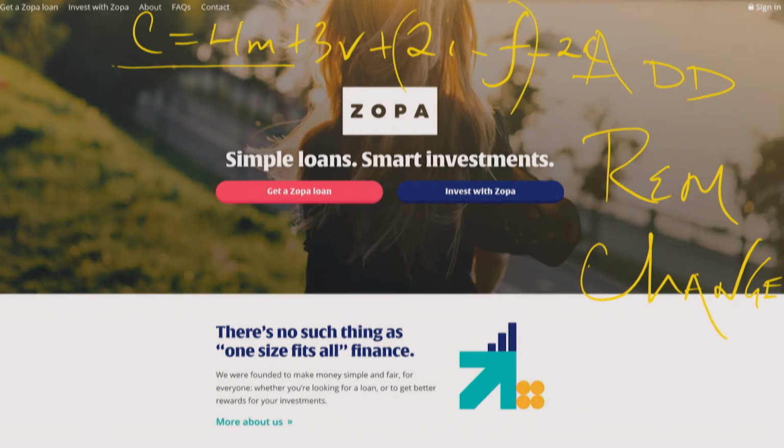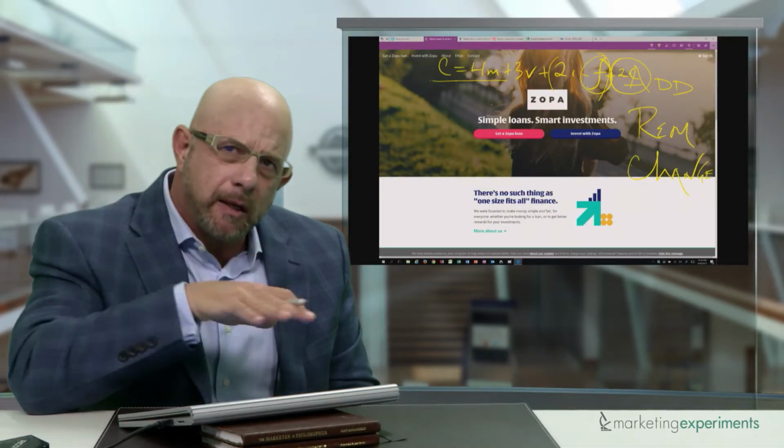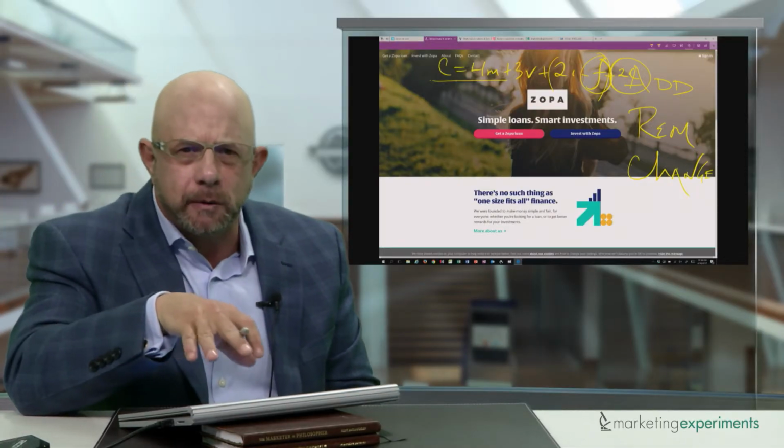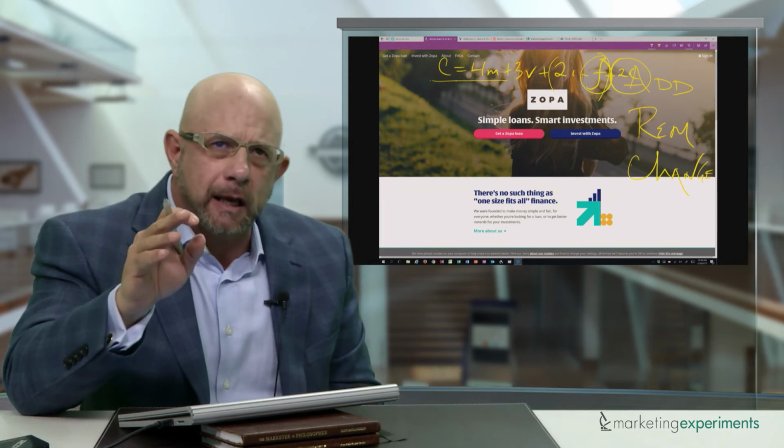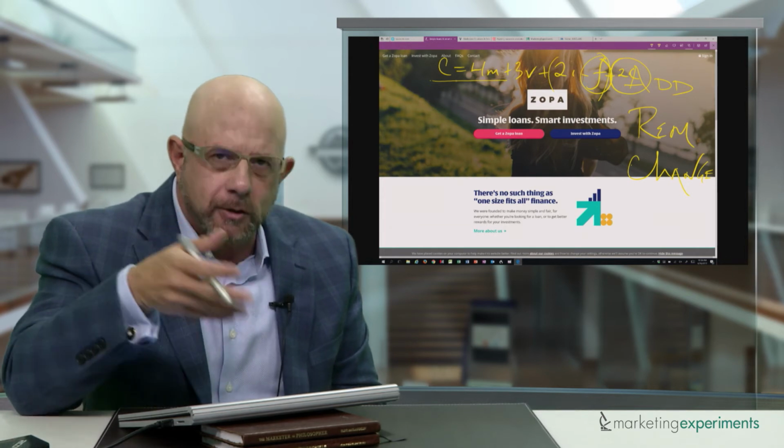And I'm going to focus on two of those elements for this review. I'm going to focus on A, which is your anxiety, and F, which is friction. These are negative components that drive down the response rate. So where is the friction, the psychological resistance? Where is the psychological concern associated with this site?